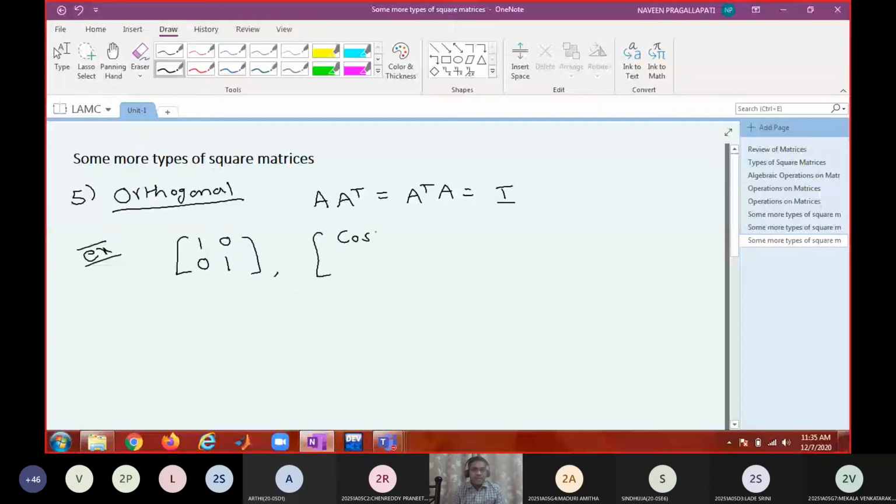Cos theta, sin theta, minus sin theta, cos theta, or 1 by root 2, minus 1 by root 2, 1 by root 2, 1 by root 2.